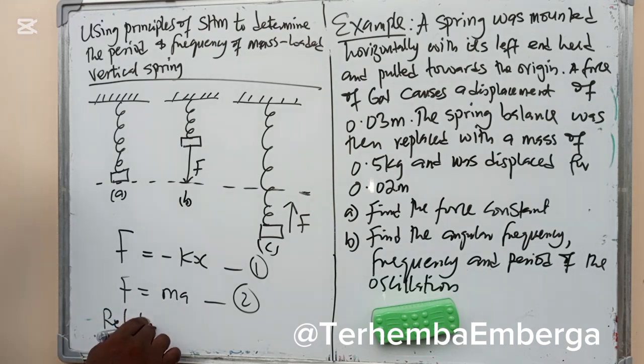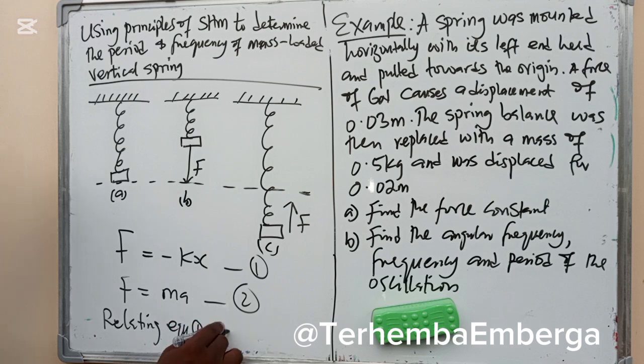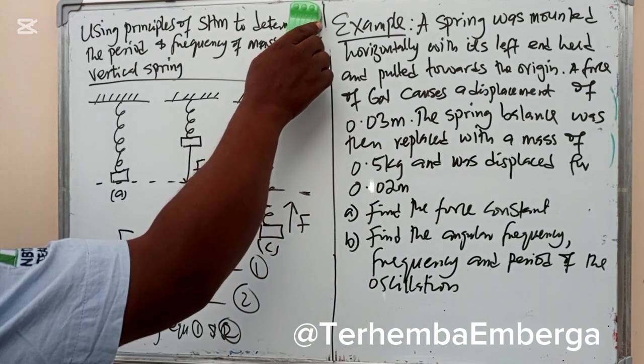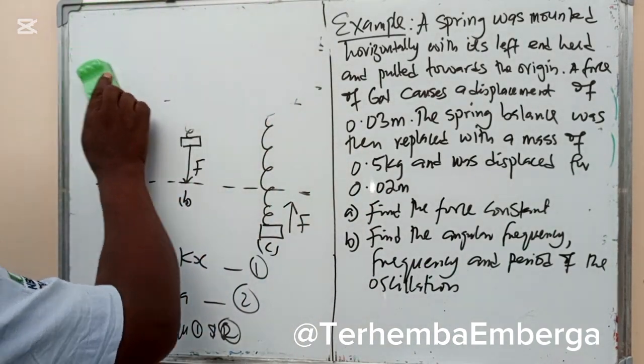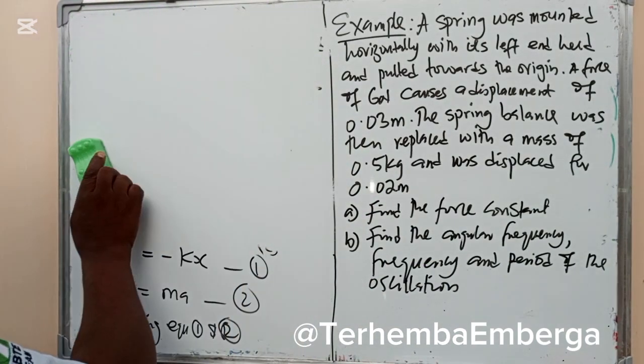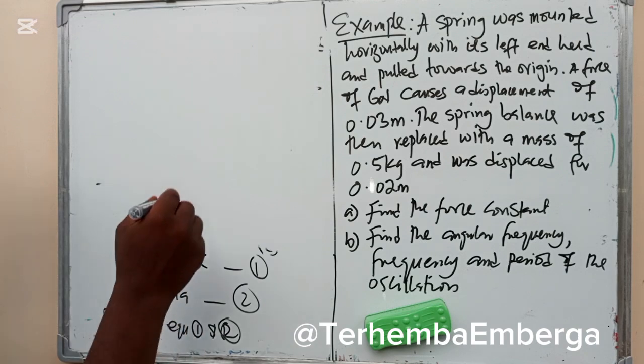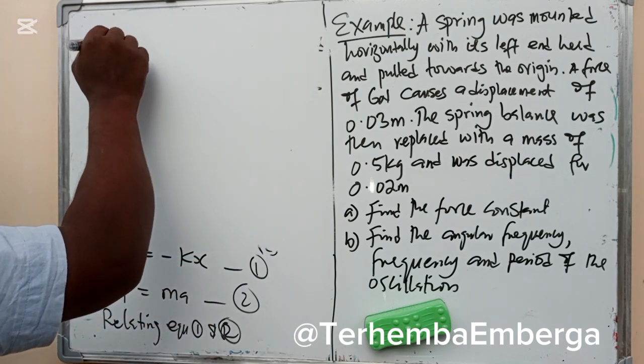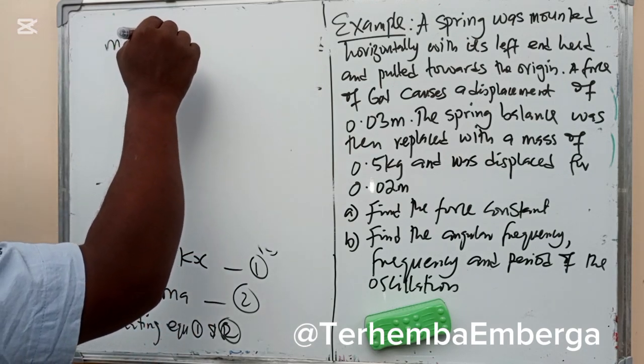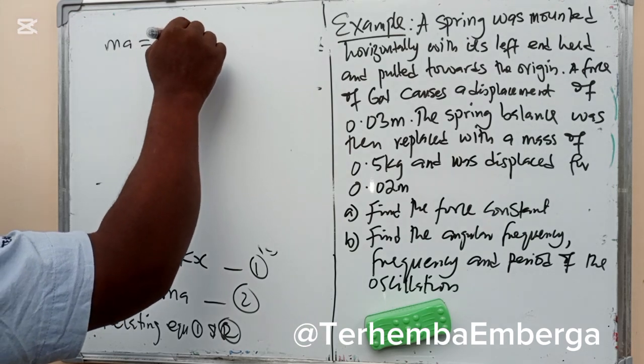So by the time you relate equations 1 and 2, we now have ma is equal to minus kx.